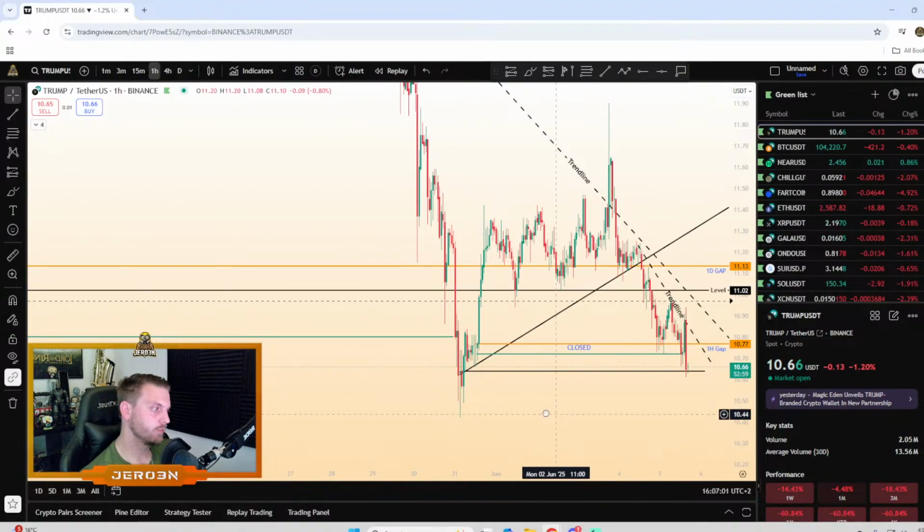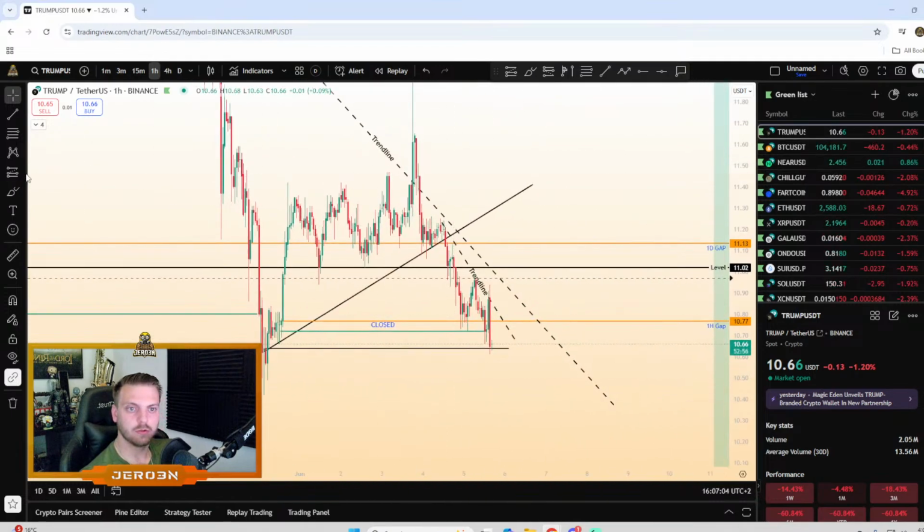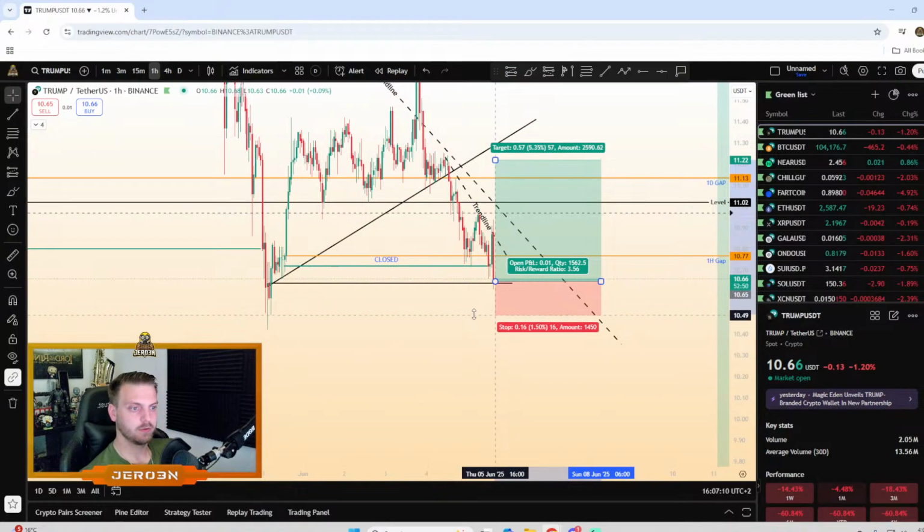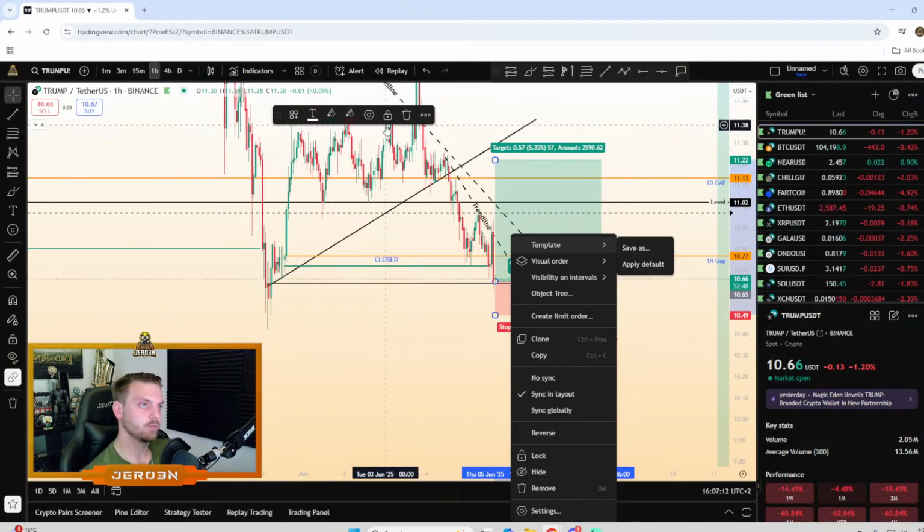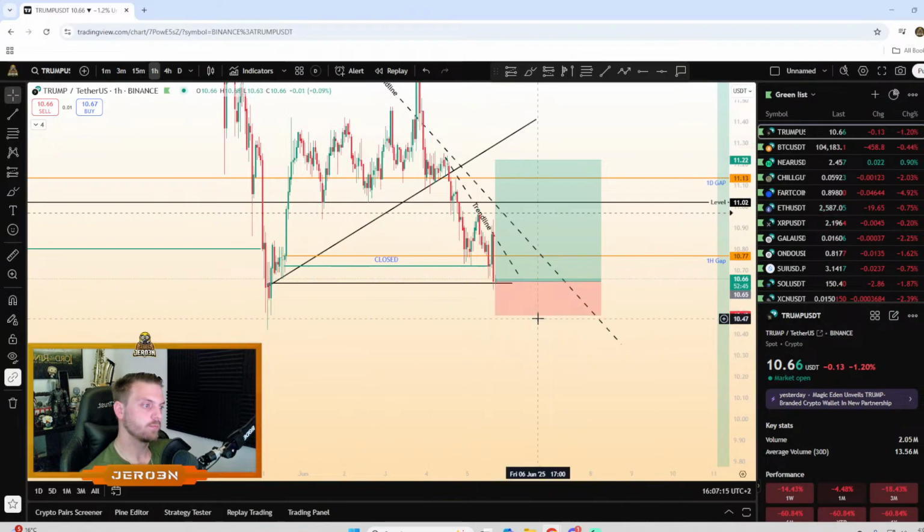So I'm long on Trump for small potential, where I will have my stop loss in a safe location. Trump, TP, I mean stop loss over there. Limit order filled. There we go.